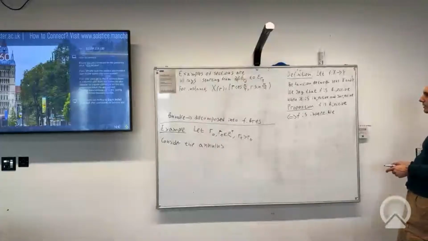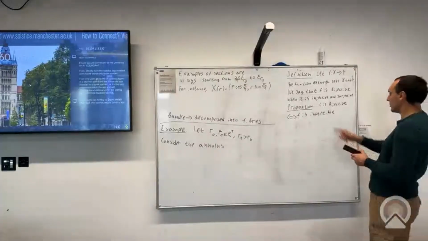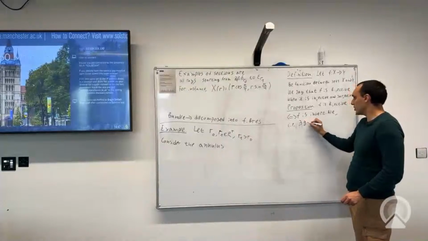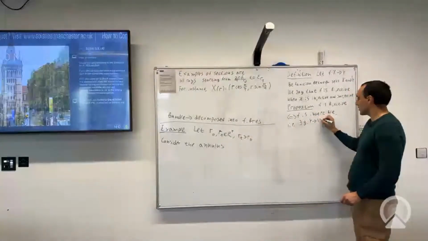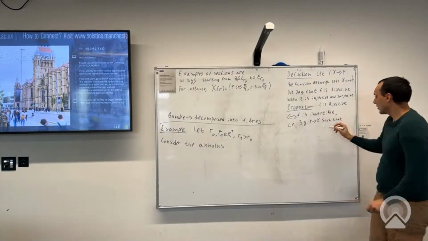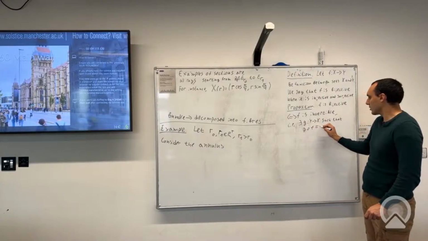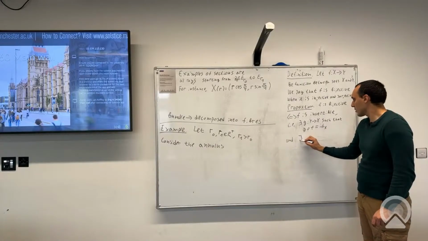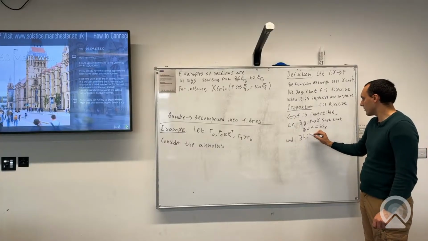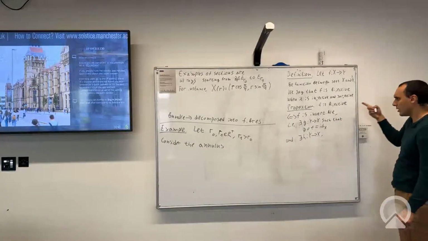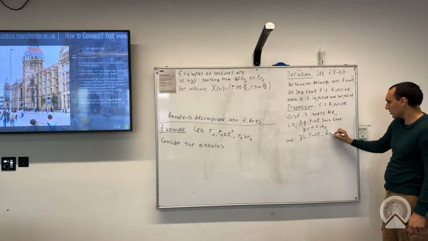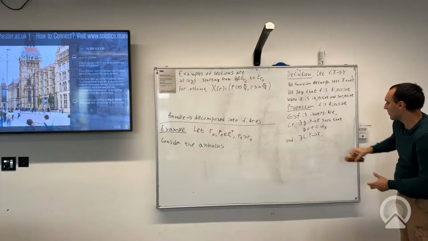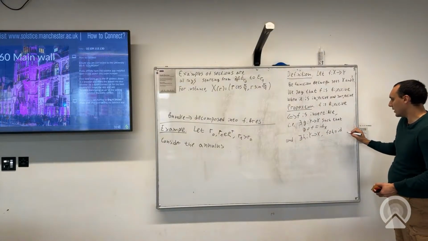Which means that it has both a right and a left inverse, i.e., there exists g from y to x such that the composition g of f is the identity of x, and there exists h from y to x such that f composed with h is the identity of y.